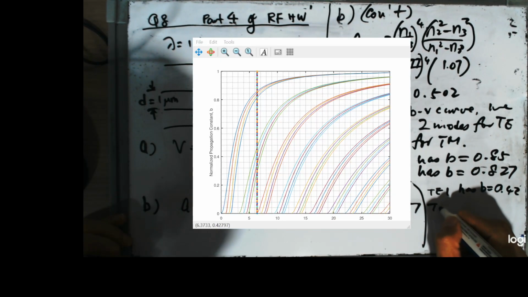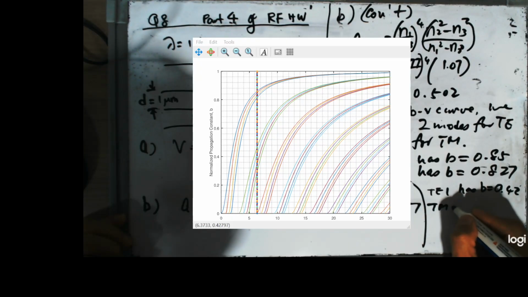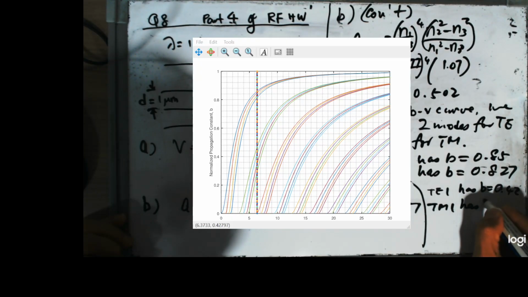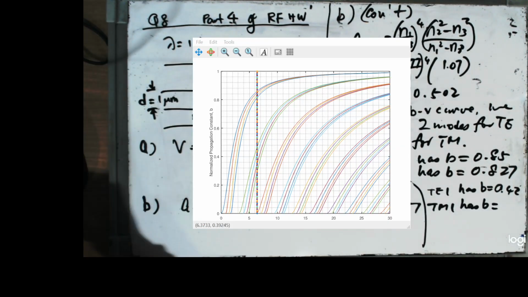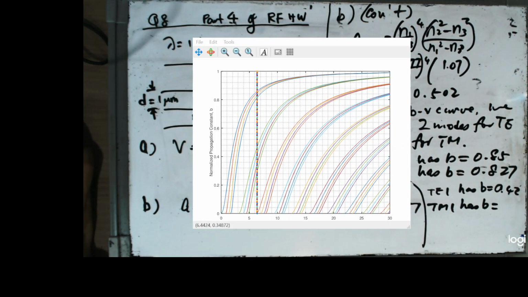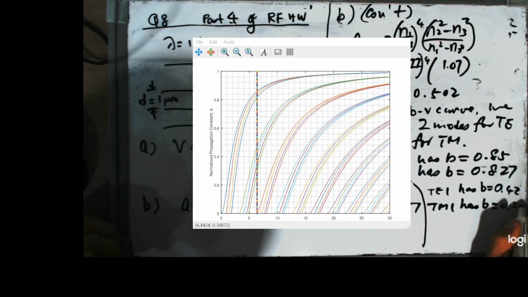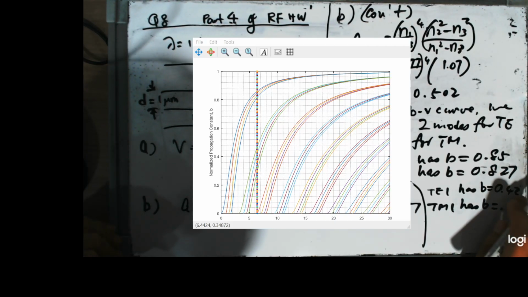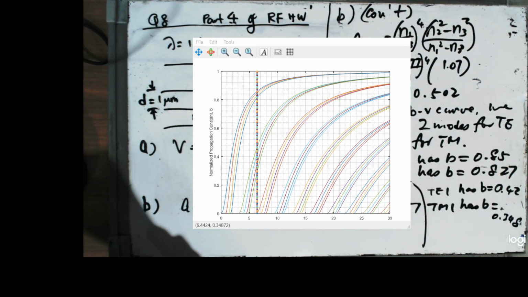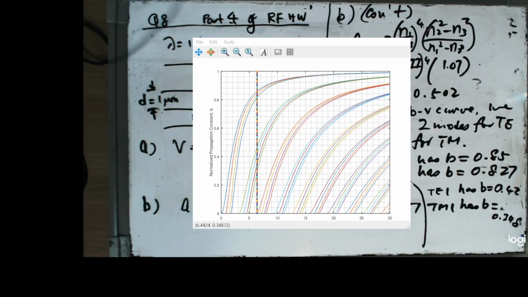And TM1 has a b value of about 0.348. Okay, so we are going to use the b value to work backward to find out the propagation constant.